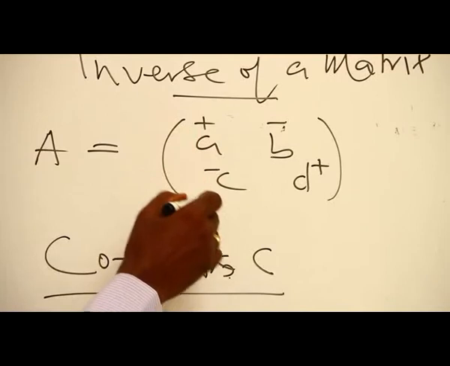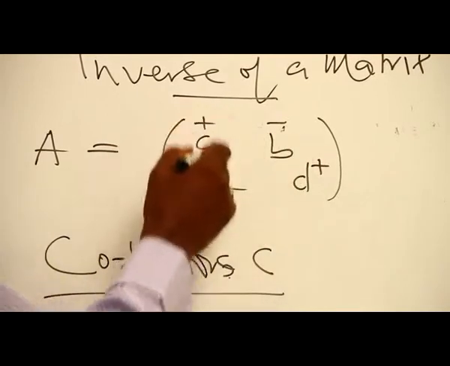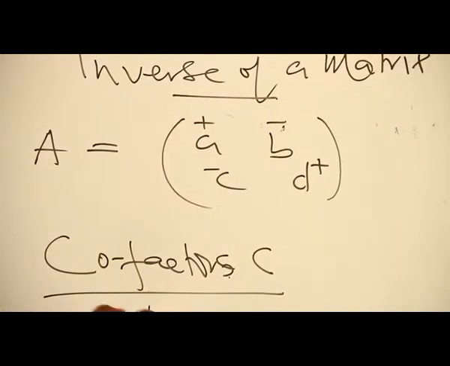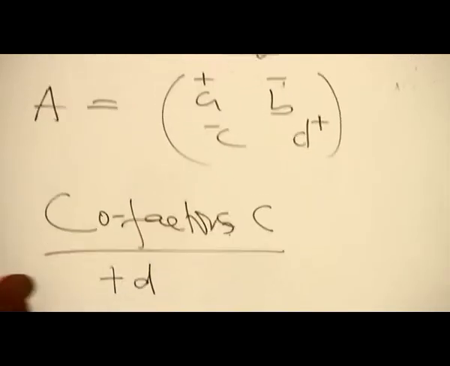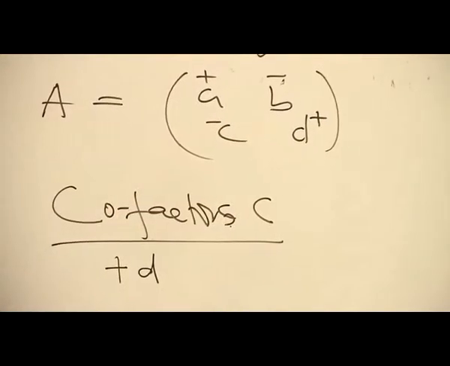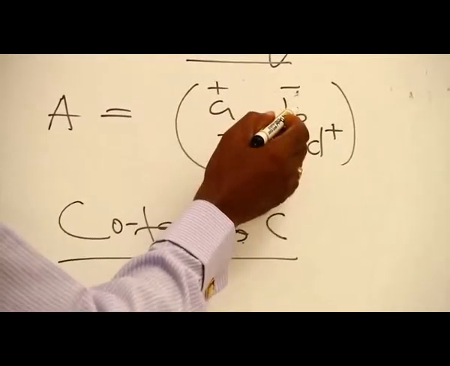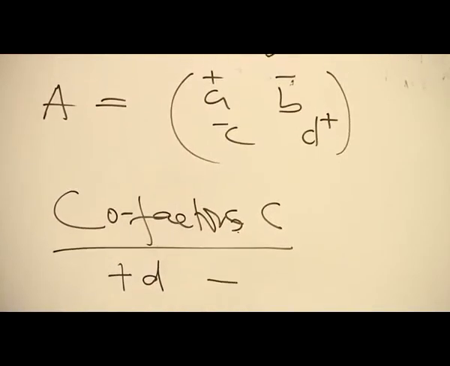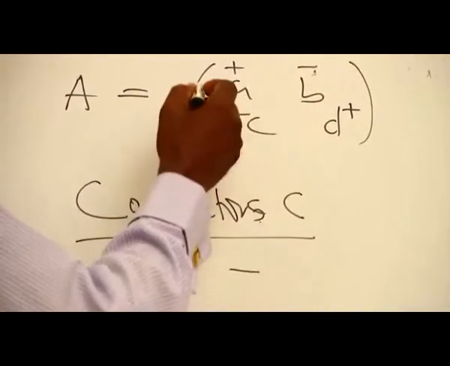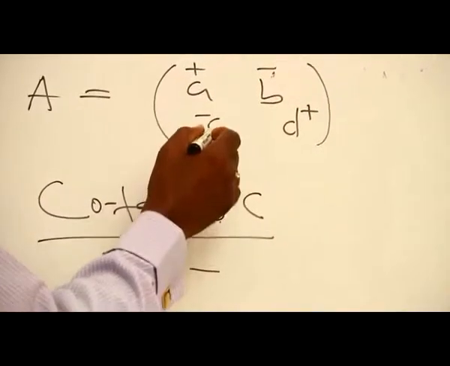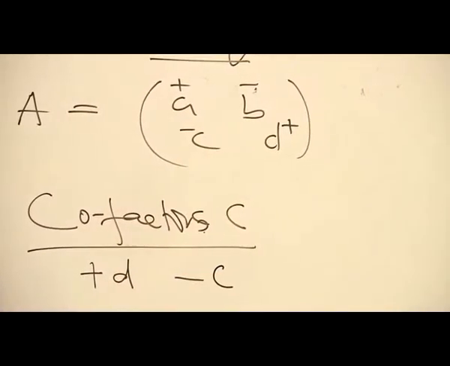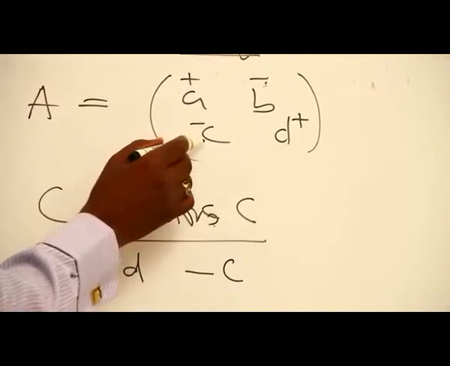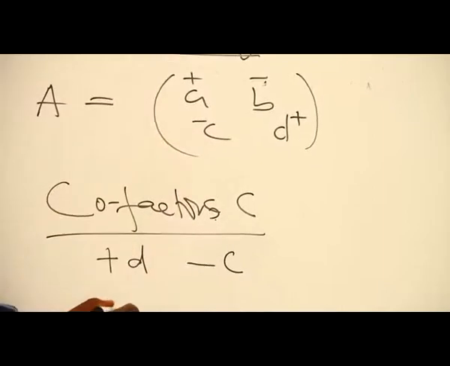Then you delete every element along the row and along the column. What will be left is D. You take the next one. The sign here is minus. You delete this and you delete this. What is left is C. Then you go to C, this element here, the sign here is minus.